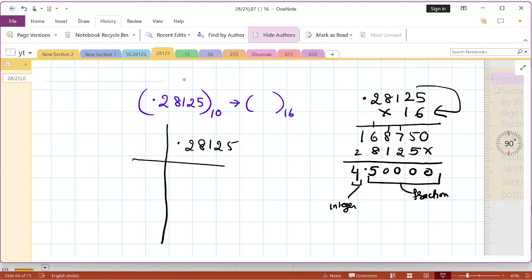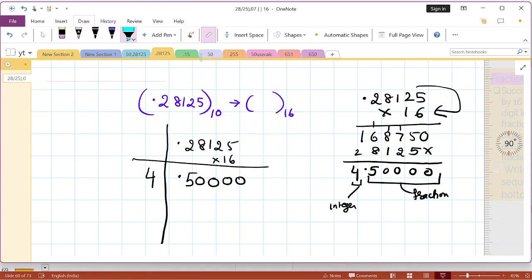We will put one line in between. We will say multiplied by 16 and we'll put this answer. This integer sequence will be taken out separately and we'll put this decimal portion over here, fraction part over here. Now it is repeated multiplication by 16. So we will multiply this fractional portion again with 16. We will not take 4 into account. So multiplied by 16.